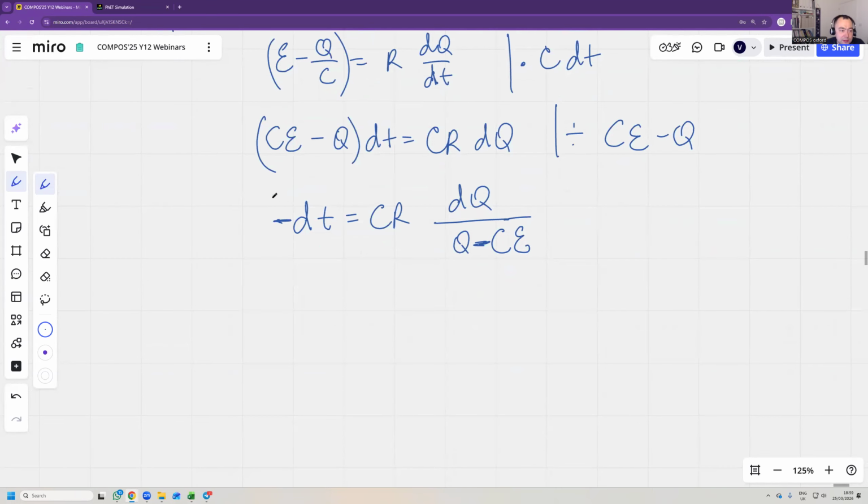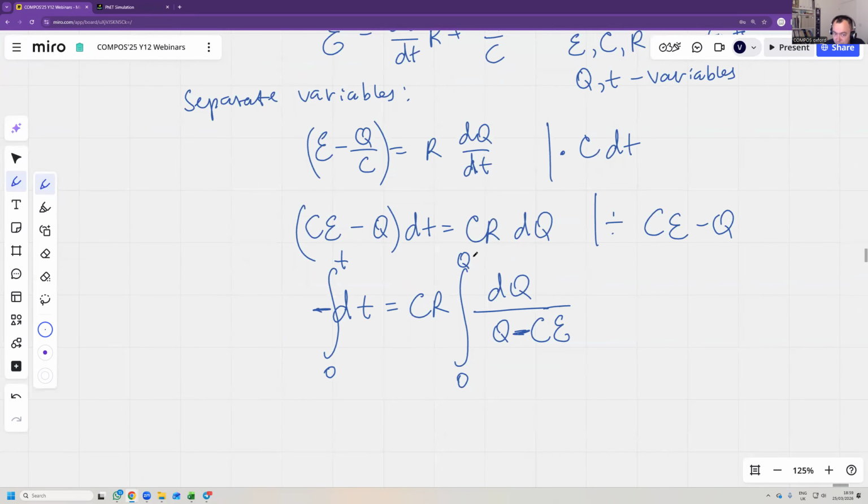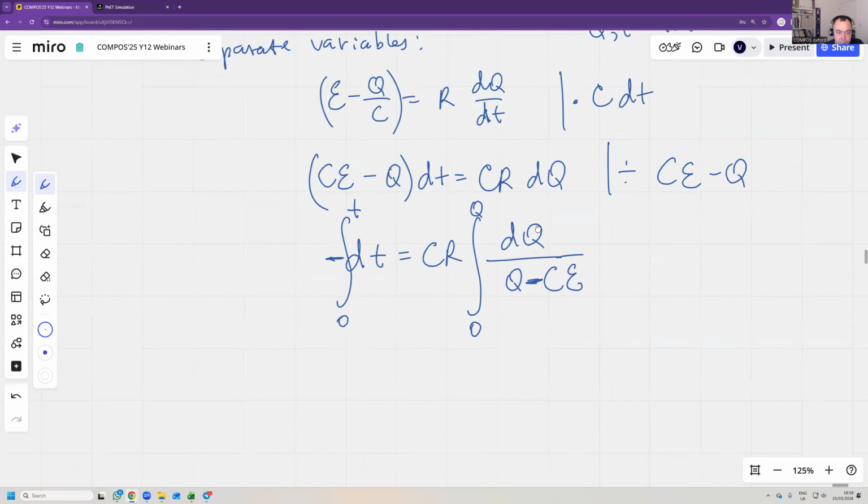And now I can integrate. I can integrate this from 0 to t. So time starts at 0. And Q, well, it's from 0. Initially, there's 0 charge. And this is Q final.